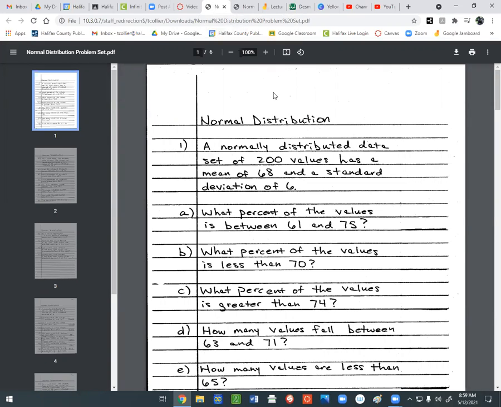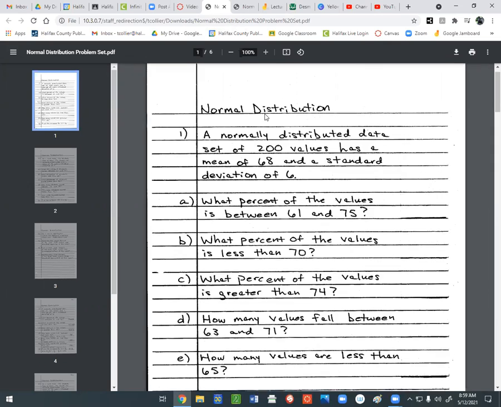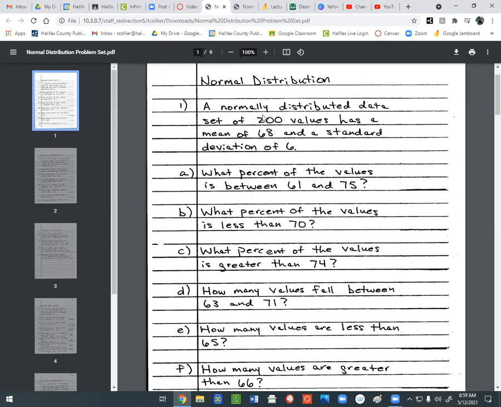Okay, so the first problem says a normally distributed data set of 200 values has a mean of 68 and a standard deviation of 6. Those are 2 very important numbers, so I'm going to write those down on the board. The mean is the same thing as the average, right?